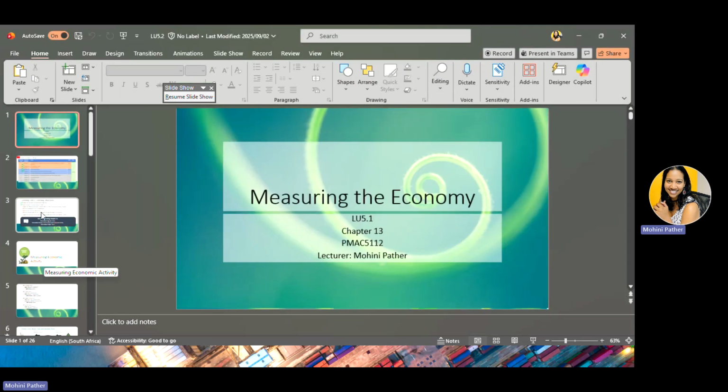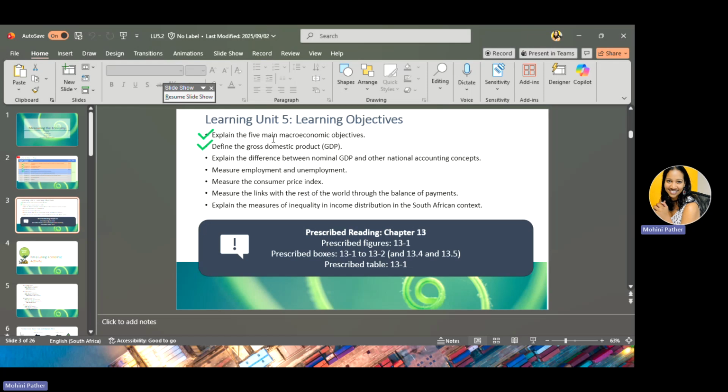Just to reiterate, you remember our 5 macroeconomic objectives: economic growth, price stability, full employment, balance of payments, and, sorry, equity, of course.